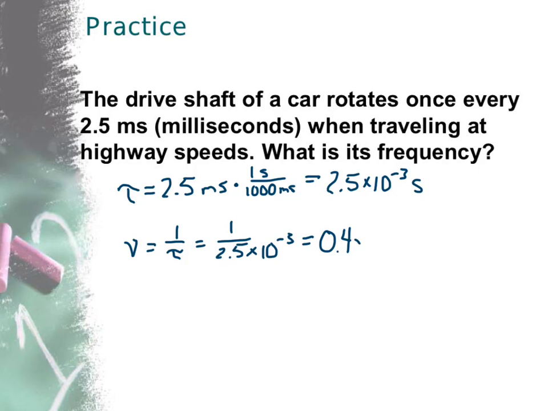So I have 0.4 times 10 to the negative... well, actually, there's a negative third in the denominator, so 1 over 10 to the negative third is the same as 10 to the positive 3. If you're not sure about that, test it in your calculator. It turns out to be 4 times 10 to the 2 revolutions per second. Or if we just want a regular number instead of scientific notation, that would be 400 revolutions per second.